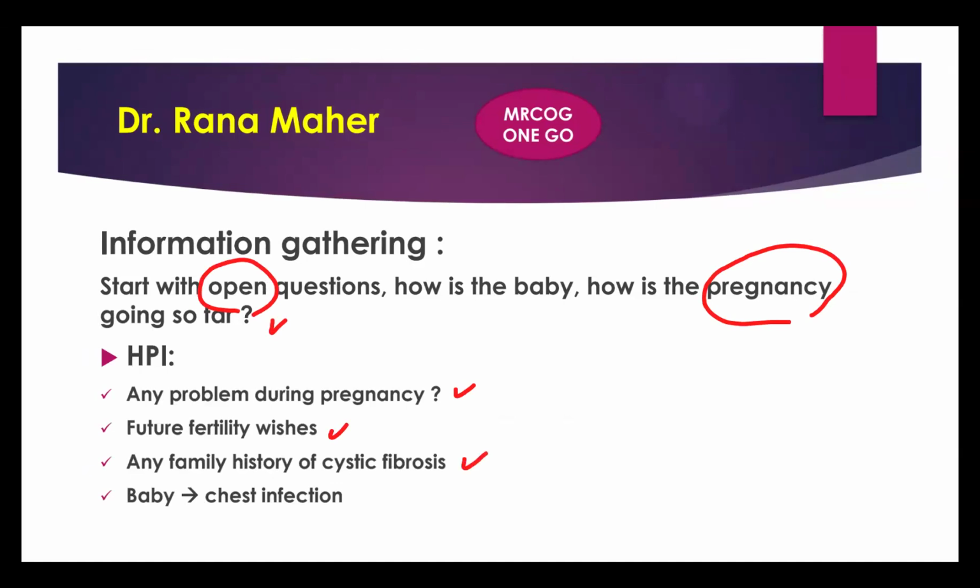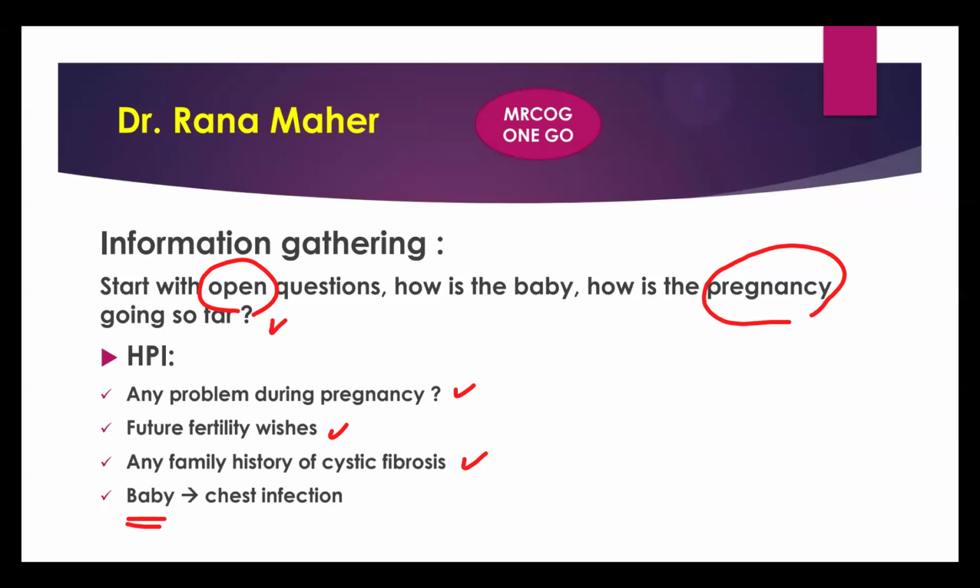Any family history of cystic fibrosis, we can consider this part of the history of the present illness or the family history afterwards. And don't forget the baby, just to make a good communication with the patient. So ask the patient, what about the name of the baby and what about the health of the baby? How's he doing? And also if she's coping or not, and her partner as well.